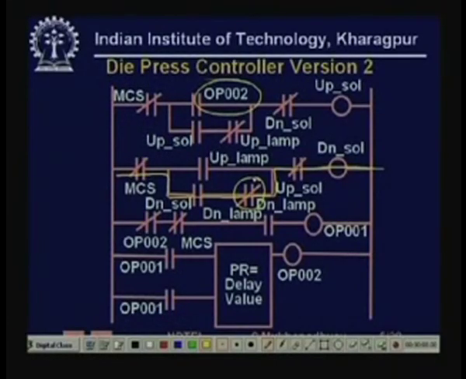The moment the down lamp becomes on, this will go off and the down solenoid goes down.